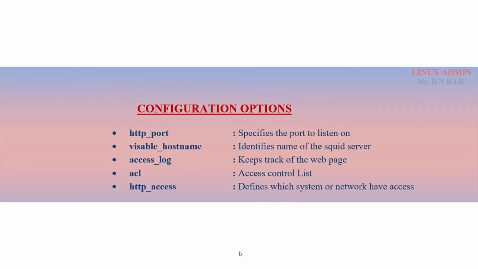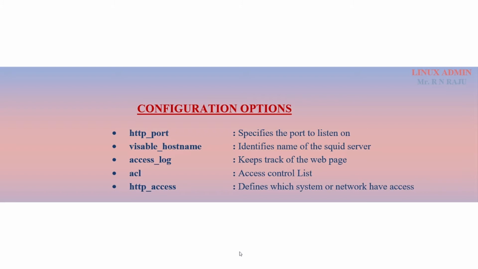And what are the parameters? These are the configuration options. Under http_port, you specify the port to listen on. By default the proxy server runs on port 3128; if you want to change the port number, we can use the parameter http_port. visible_hostname specifies your proxy server name. access_log keeps track of your web pages.